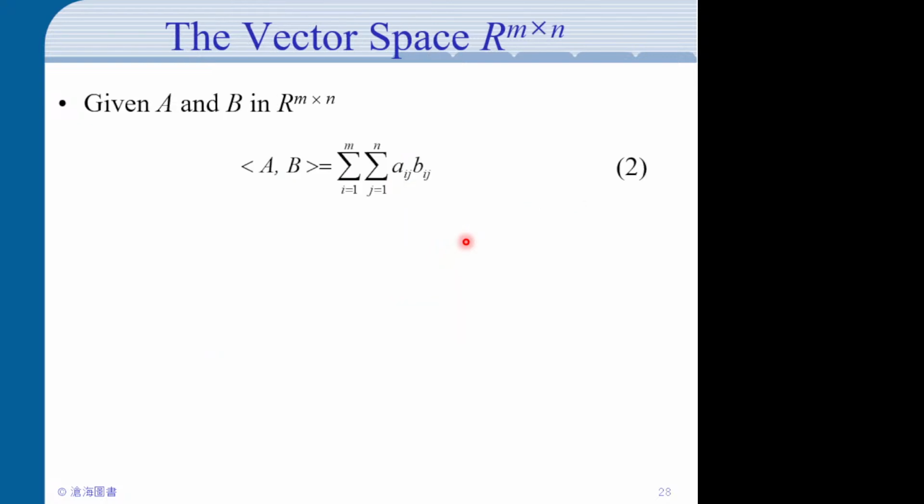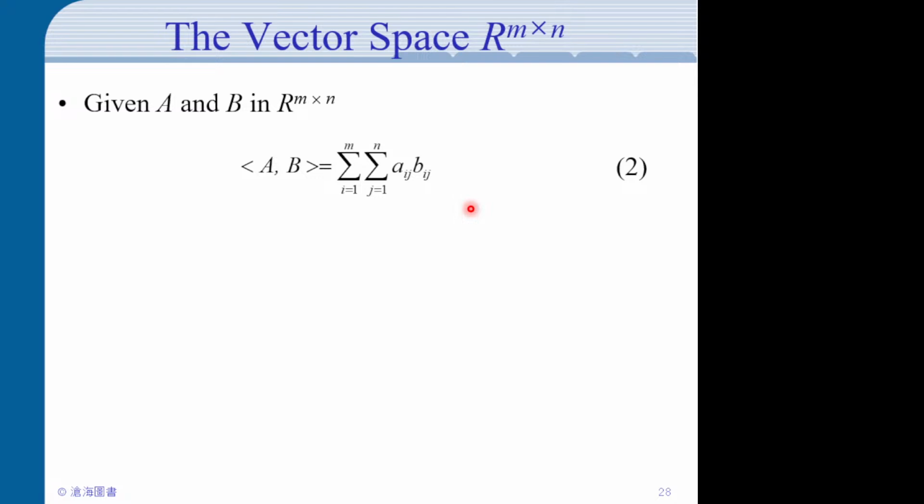We don't actually have too interesting an example here, but we have a very similar one. We can also define an inner product between two matrices. Remember, we can think of n by n matrices as a vector space, and we basically map this into R^(n squared), so we have a similar inner product.